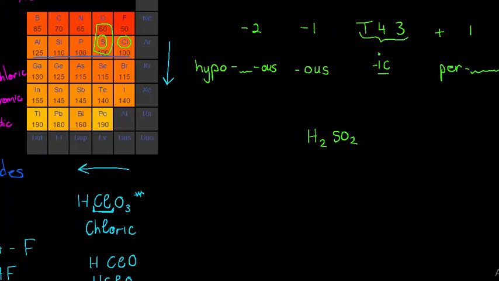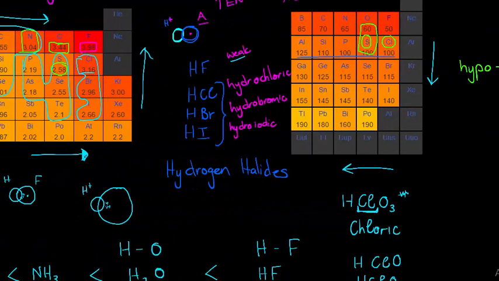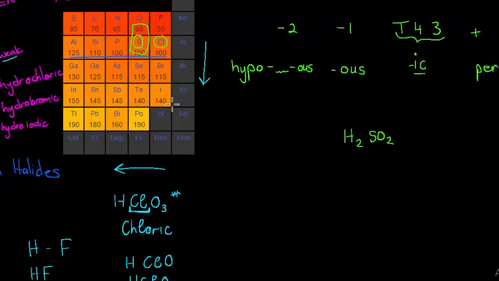Well, let's find S in my T43. There's my T, there's my 4, and there's my 3. S is in the 4, which means I need 4 oxygens, but I only have 2, which means I've got 2 less. So this would be hyposulfurous acid. That's probably how you pronounce it.